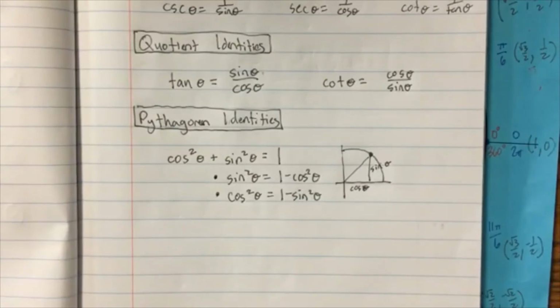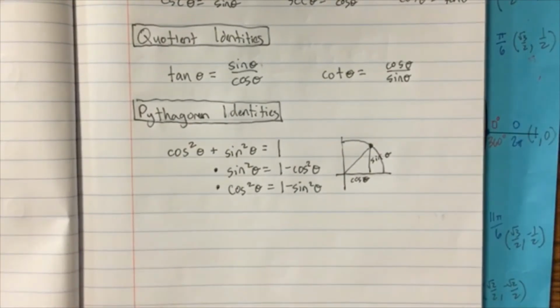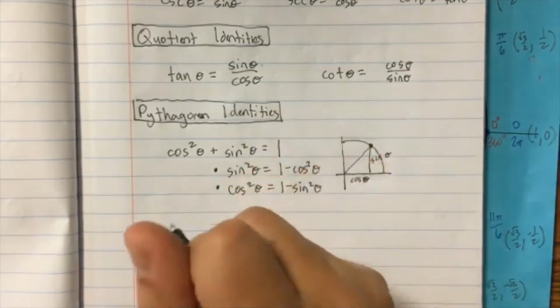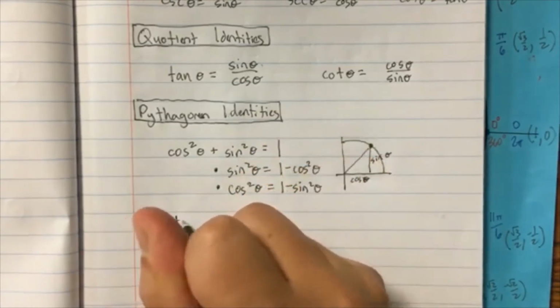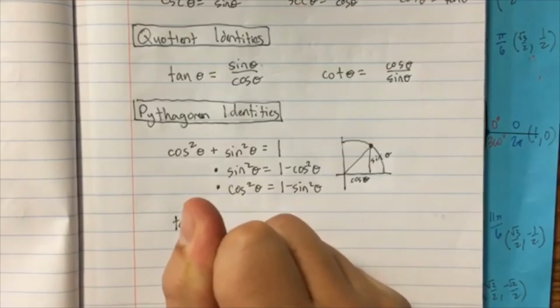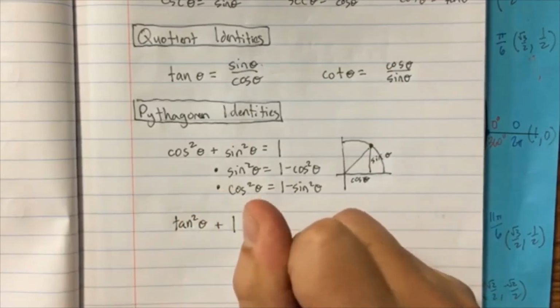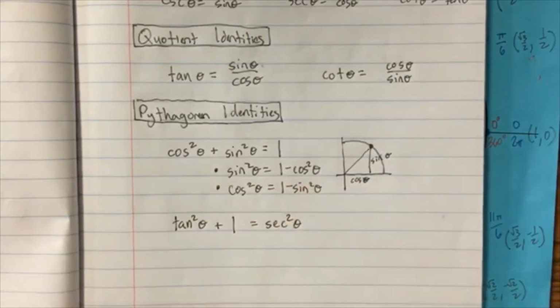There are 2 more. Okay, the next one is tangent squared theta plus 1 equals secant squared theta. This one's probably not as obvious, but still true.